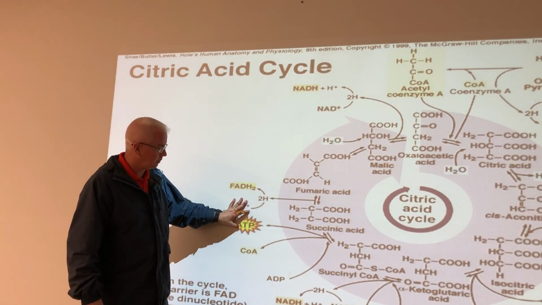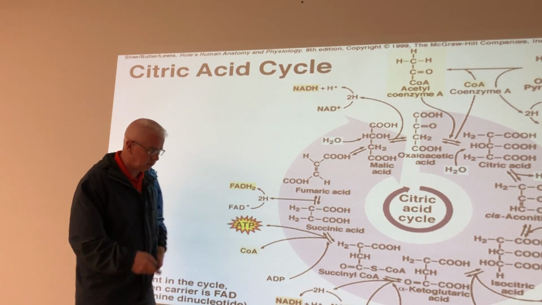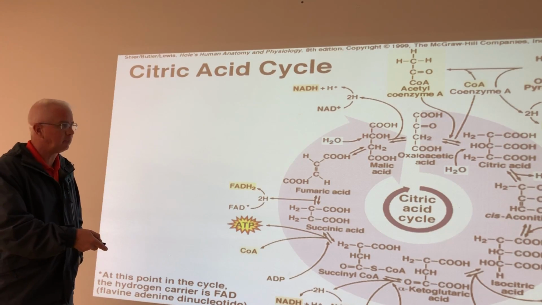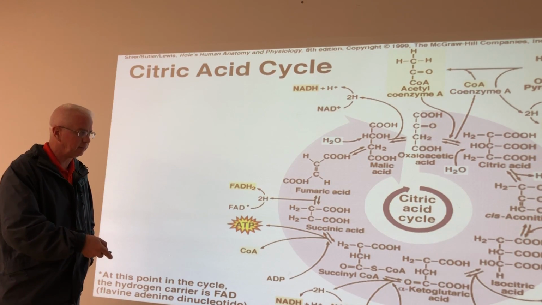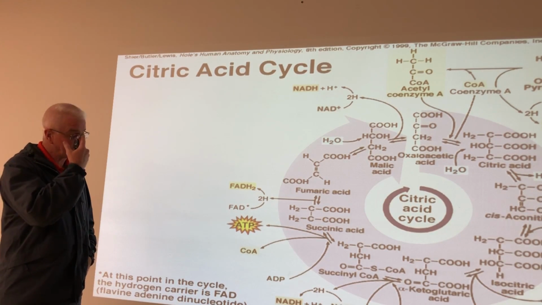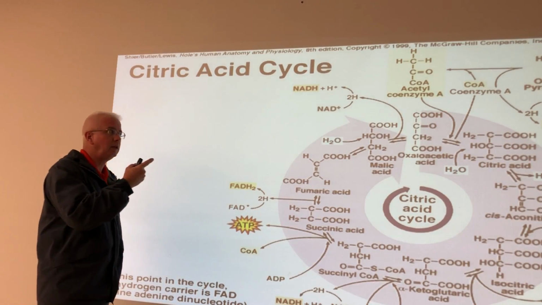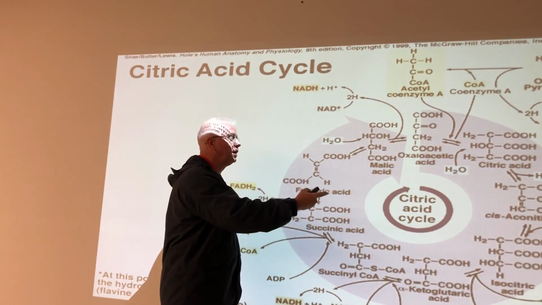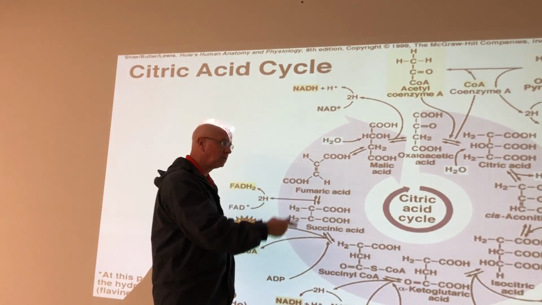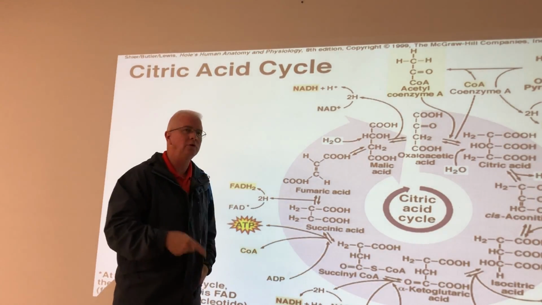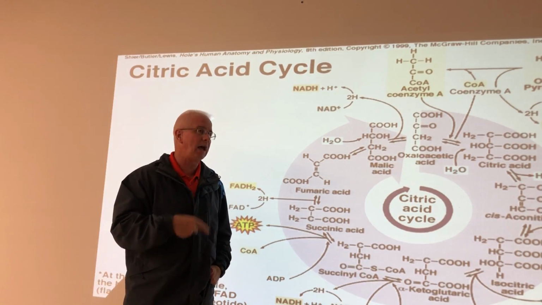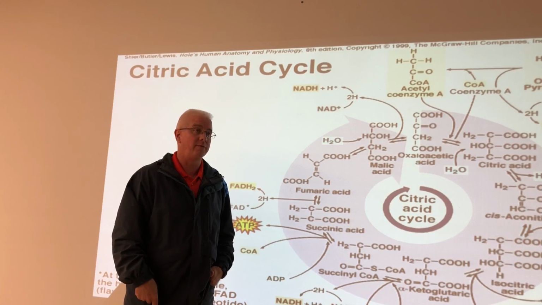The only other product that you get out of this, in a couple places here, is carbon dioxide. So the conversion of pyruvate to acetyl-CoA and the reactions of the citric acid cycle produce the carbon dioxide that our bodies will have to get rid of in order to survive.